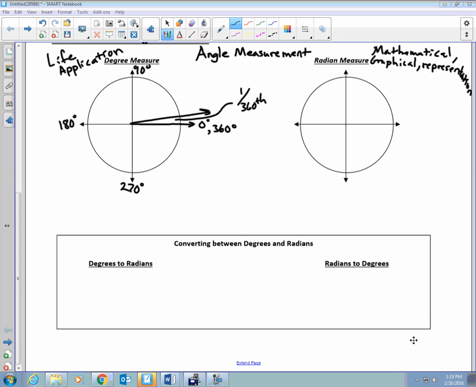The definition of a radian, 1 radian, is this. When I take a radius, call it R, this is kind of cool. You gotta get kind of geeky about this. I'm gonna pick that radius off of there, and I'm gonna lay it on the side of the circle. Okay?